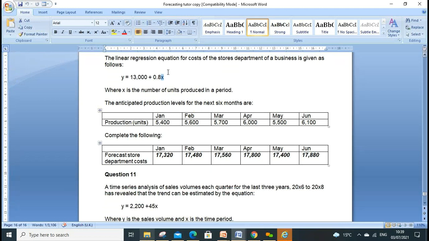Then you can multiply and calculate, so we can look around the forecast. So if in January it's 5400 times 0.48 plus 13,000, that gives us the total value. And then for that production, we can find the cost.